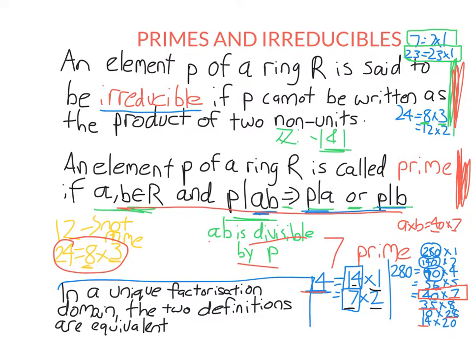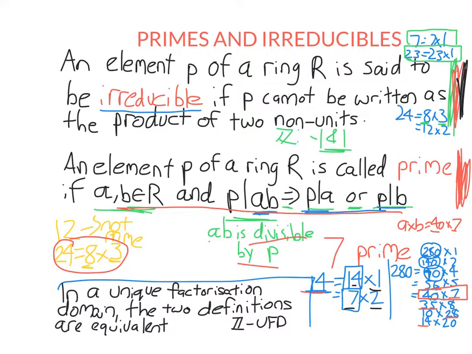If an element is prime, then it's irreducible. And it turns out that the integers are an example of a unique factorization domain. So that's why we can get away with using this definition, because anything that is irreducible is prime, anything that is not irreducible is not prime. That's why we can get away with it.